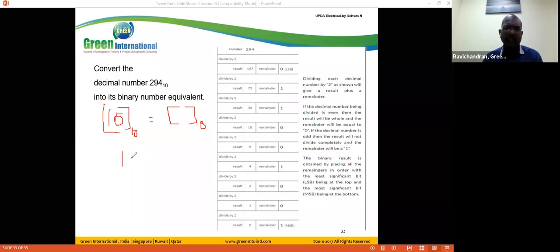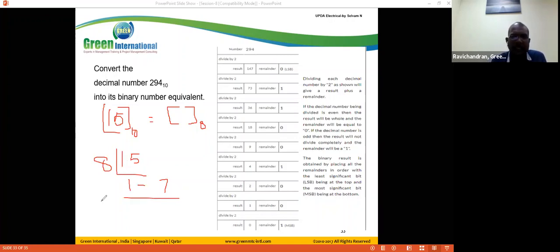So once again write the decimal number, and here we need octal, so put 8. 1 8 is 8, remainder is 7. So the quotient 1 and remainder 7, octal has numbers 0 to 7. So this is the answer, 17. This is the most significant bit and this is the least significant bit.